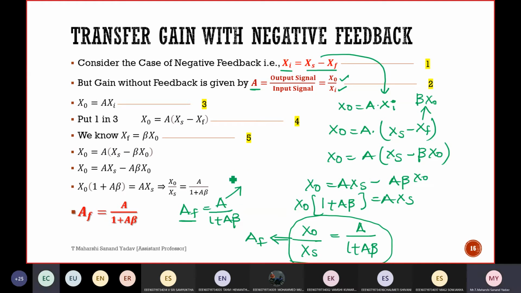A is nothing but gain without feedback, or else it can also be called open loop gain. Open loop means there is no feedback. And beta is called the feedback factor or feedback ratio. Be clear with this. If it is negative feedback, the answer is A by 1 plus A beta.